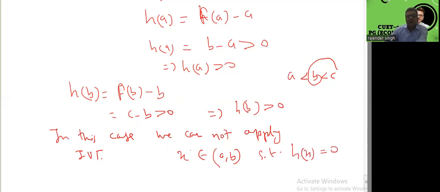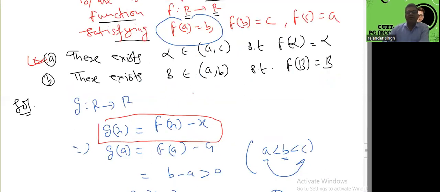Okay? So we don't have any beta. So we can't say there exists beta such that f of beta equal to beta in the interval a to b. Right, student?